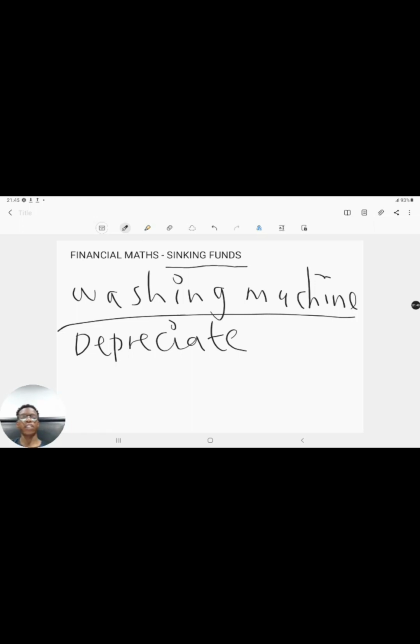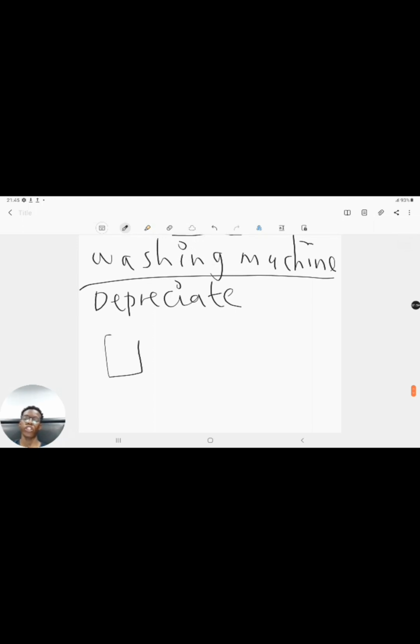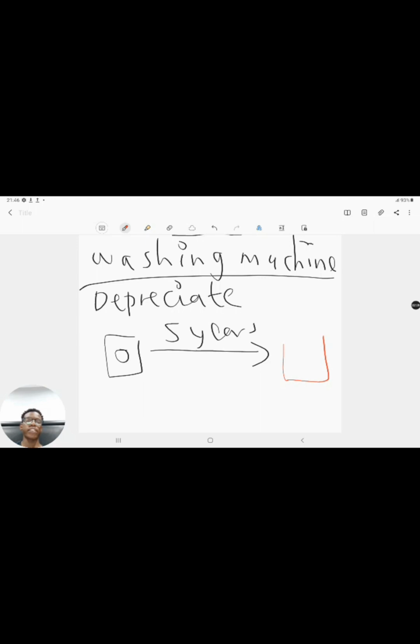So you've got this washing machine today, and you know that after 5 years you will need to replace it, because the black washing machine will have lost value. So after 5 years, you want to buy an identical washing machine.